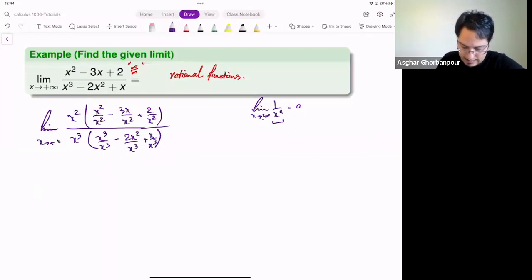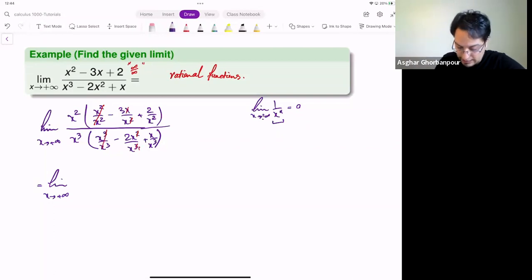And this really means that I can start canceling before I do anything. So I can cancel that, that one, there will be one here and that one.